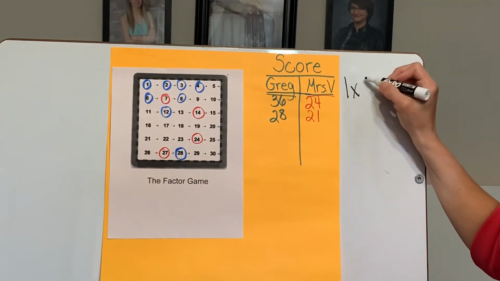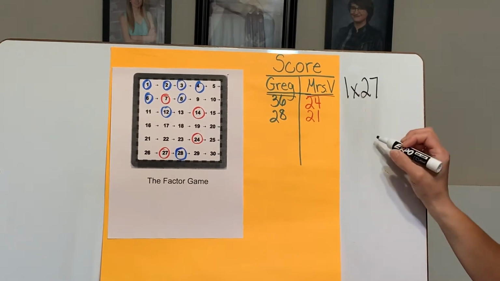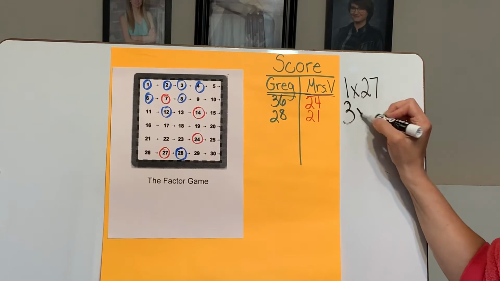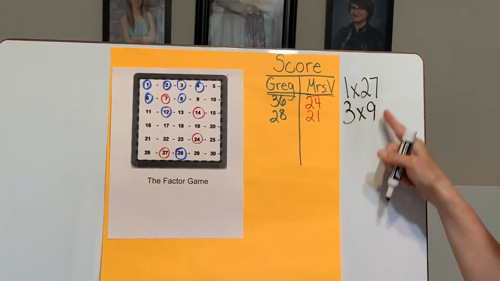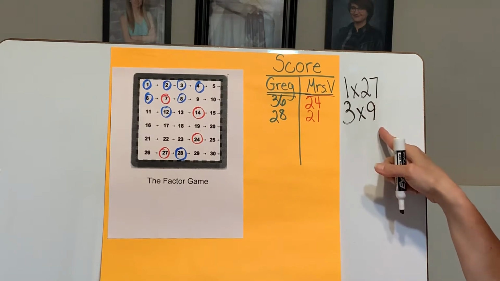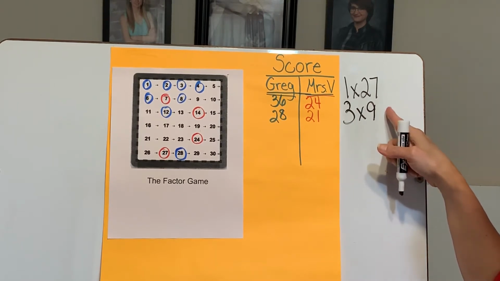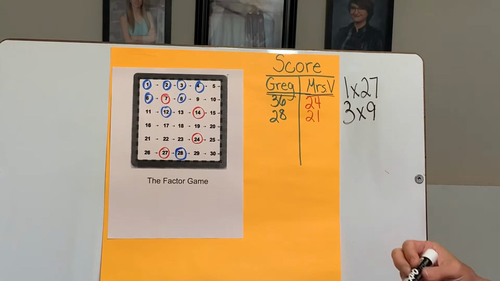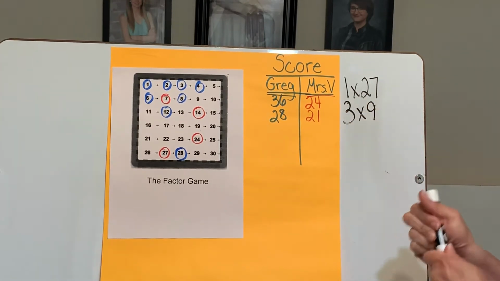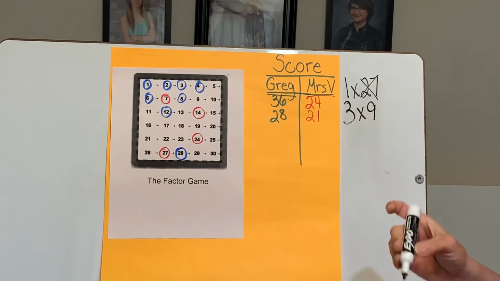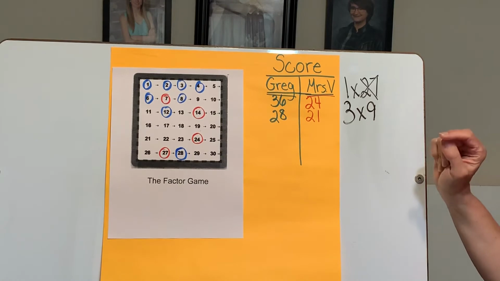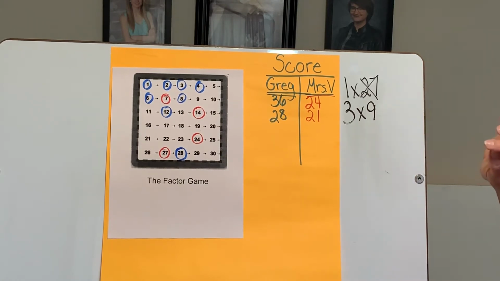So 1 times 27, 2, no, because it's an even number. 3, yes, 3 times 9, 4, 5, 6, 9 times 3. So I think that's it. So 1, 3, and 9, because since it's a proper factor, I cannot use 27.